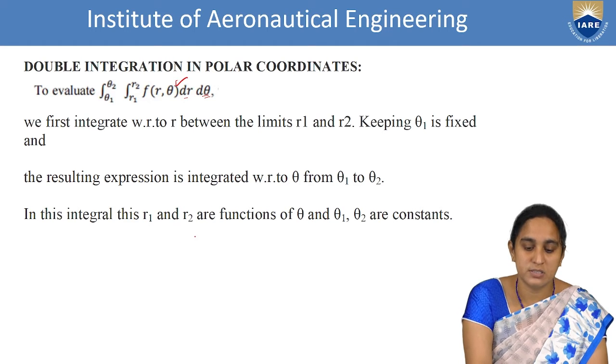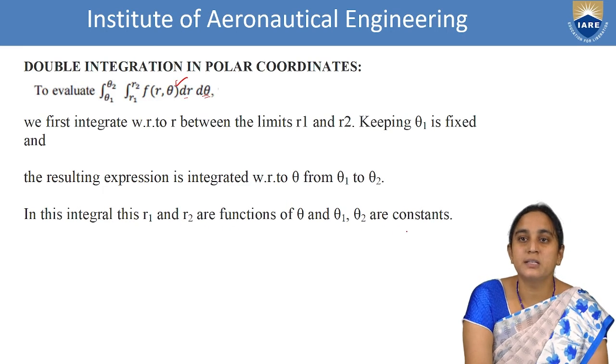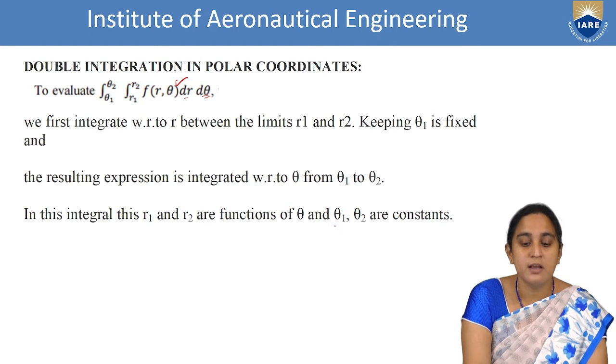In this integral, r1 and r2 are functions of theta, and theta 1 and theta 2 are constants. First integrate with respect to r, and after that integrate with respect to theta. That is the concept of double integration in polar coordinates.